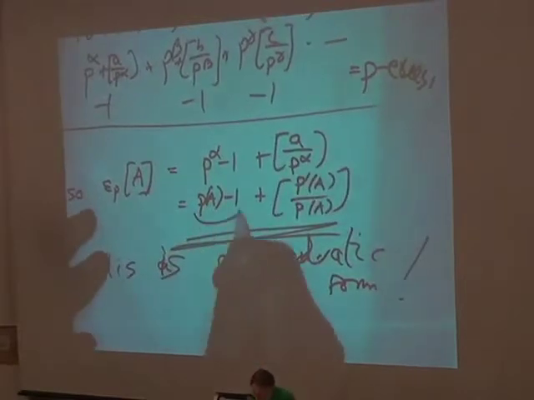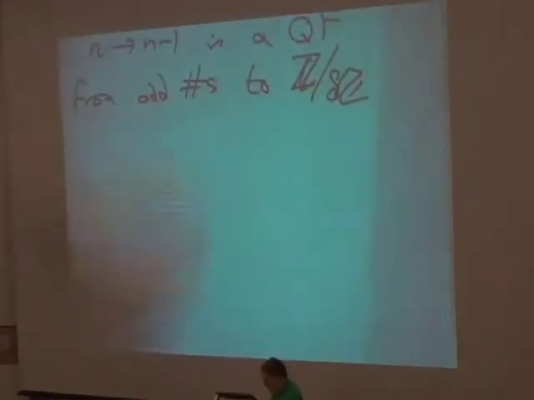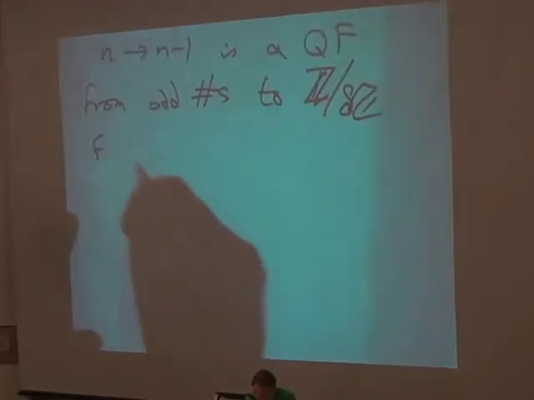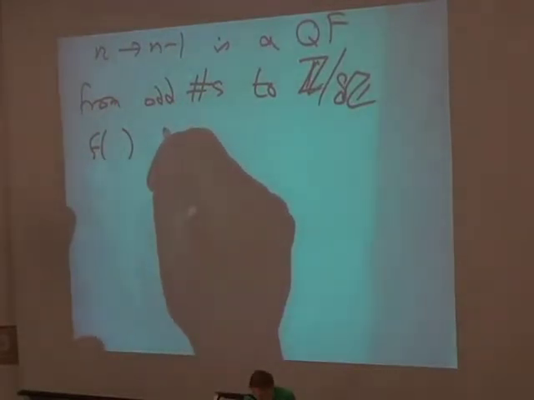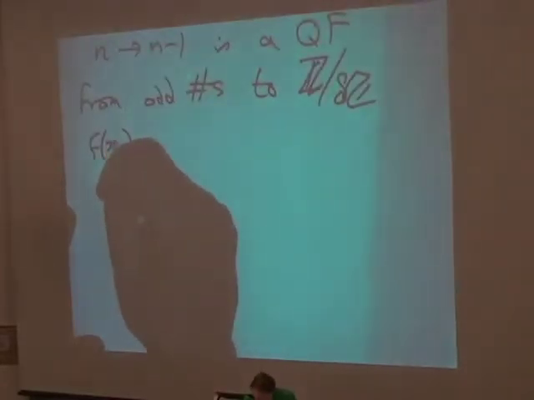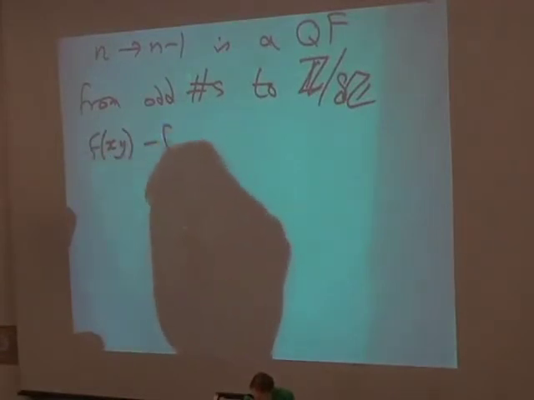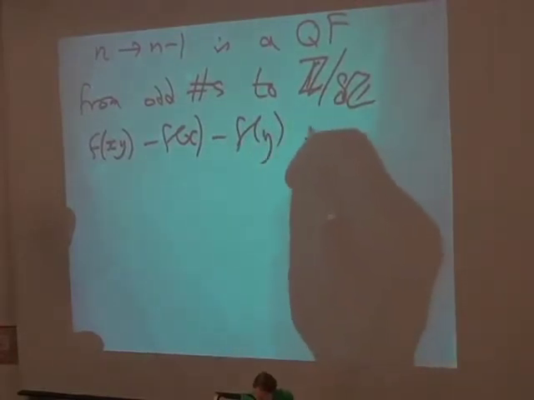I'm going to assert that this and this are separately quadratic forms. So let's find out. What does it mean to be a quadratic form? It means that this sort of polar version, f of, well, I'm going to be writing it odd numbers under multiplication. I.e., f of xy minus f of x minus f of y is bilinear.